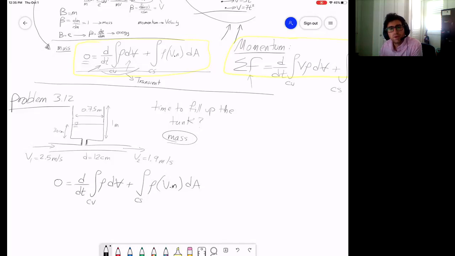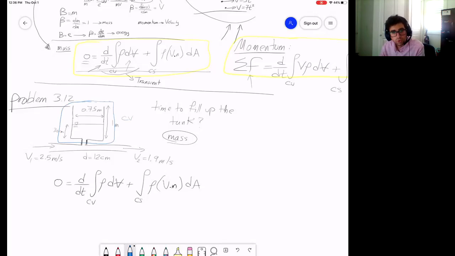Right? Okay. So where would you draw your control volume? In statics, we learned how to draw a free body diagram. In fluid mechanics, you need to draw a control volume. Just around the tank. Around the tank. Okay, so let's use a blue pen. So you're saying this is your control volume?